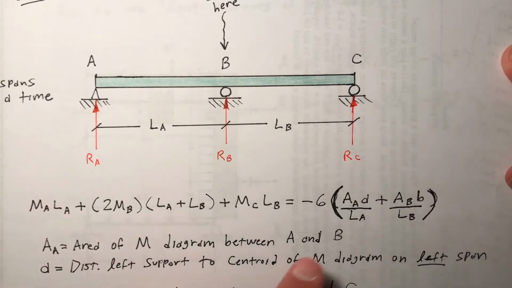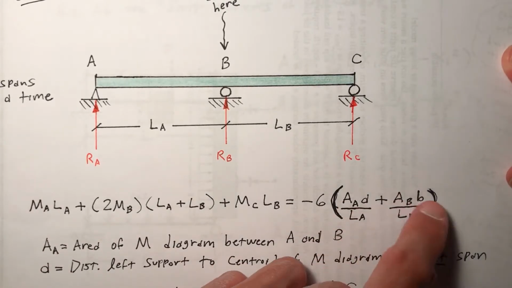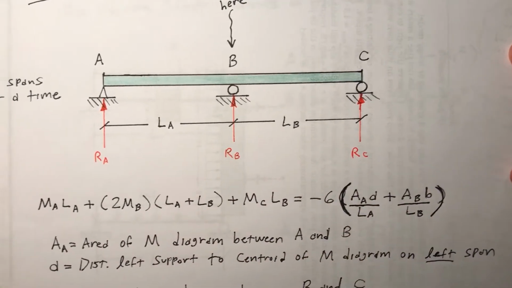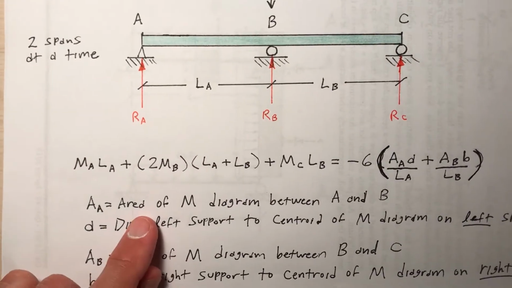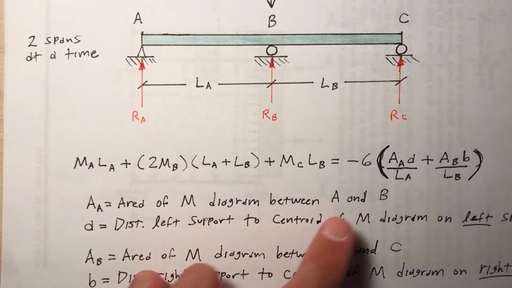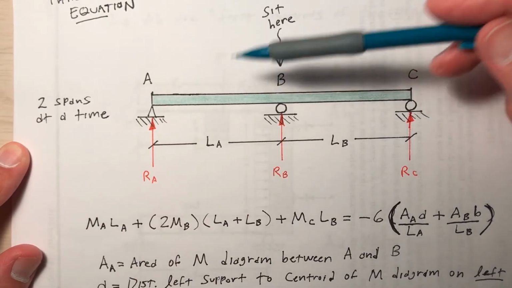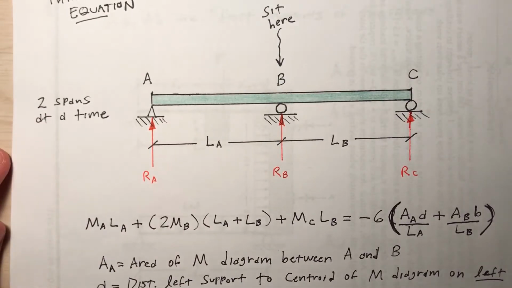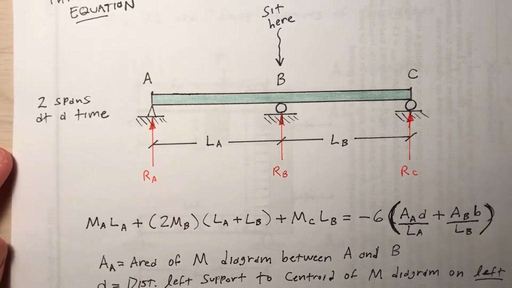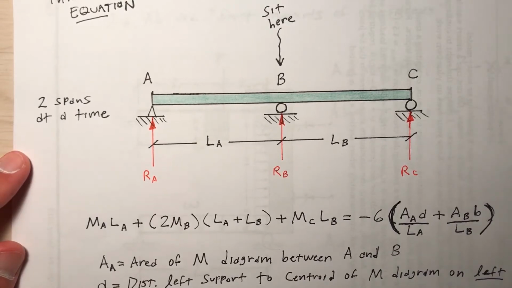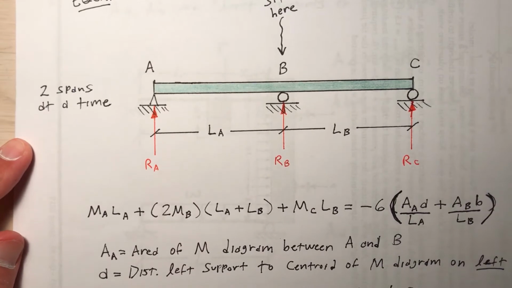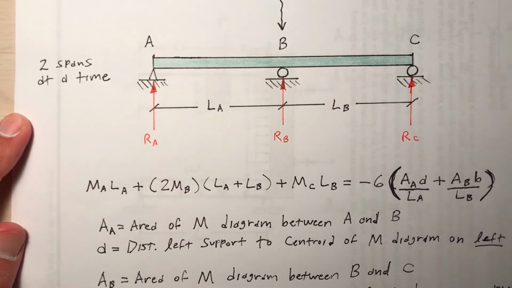So what is this? A sub A times little a, and A sub B times little b. What are those? A sub A is the area of the moment diagram between A and B. If you put a load on here, there'll be some kind of moment generated in that span, and you can create a moment diagram based on that. Then you can calculate the location of the centroid of that moment diagram.